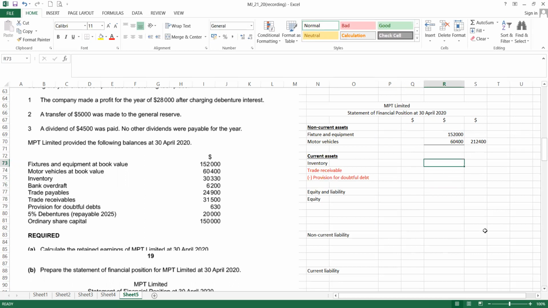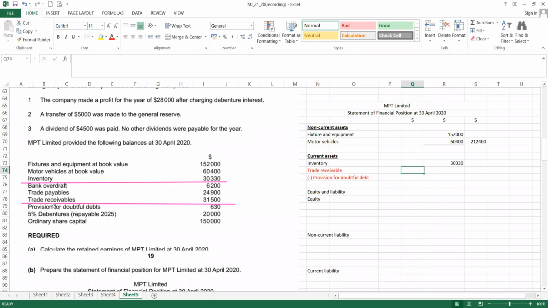So inventory. Okay, here inventory is 30,330. Now we can use the first column because we want to show the net amount. So trade receivables, as I said before, in case there are too many lines and you feel confused, you better draw the line in between so that you can see the number more clearly.